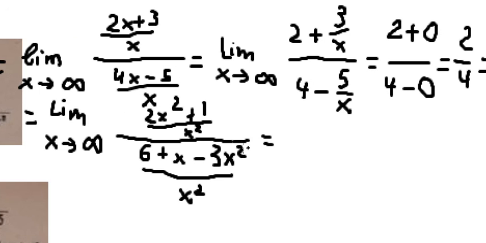So for this one, s squared divided by s squared is 1, and 1 divided by s squared. So we can do similar for the numerator and denominator.